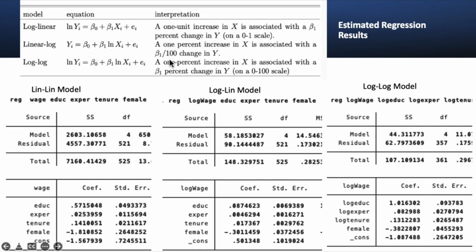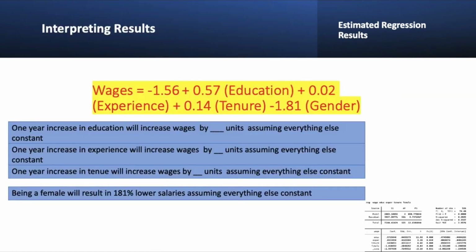And you can pause the video over here and take a look at the lin-log and the log-linear representations and see how the way you explain the beta changes in these three scenarios. So now that we've seen this, we can actually interpret what we found out.